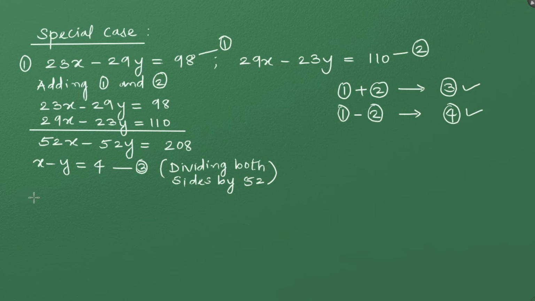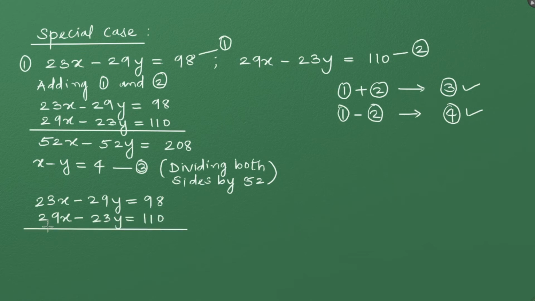Now let us subtract. Subtracting equation 2 from 1. So I am writing the equations directly. This is equation 1. Now since we are subtracting, we are supposed to change the sign. Now 23x minus 29x gives minus 6x. Minus 29y plus 23y gives minus 6y.